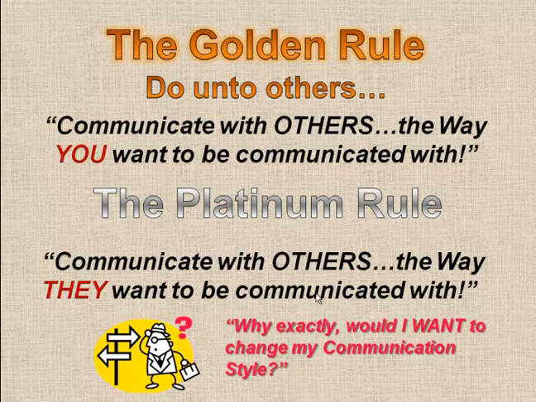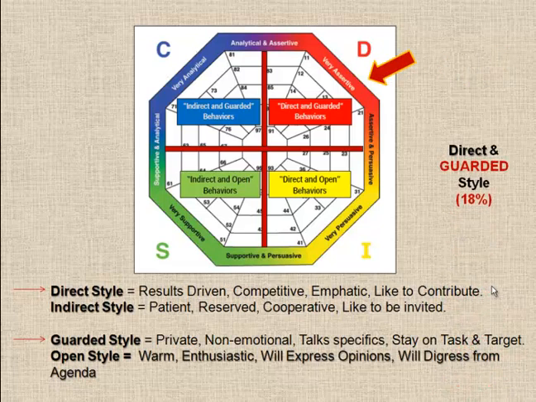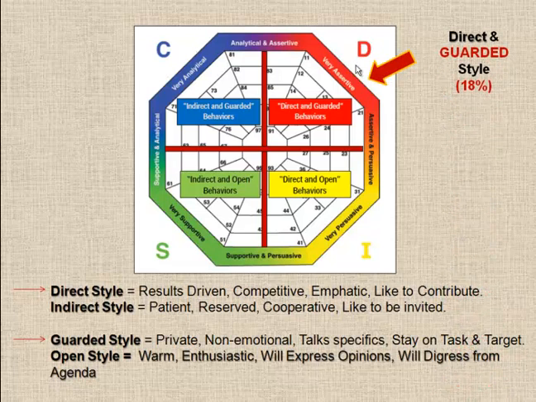So maybe you're asking yourself, well, why would I want to change my communication style? What are you suggesting this for? Well, here's why. We know that if we take this behavioral wheel, the 4 factors, the D, the I, the S, and the C, and we divide this into 4 quadrants. If you plot up here in this quadrant, as our sample candidate did, you remember he plots up in here, only 18% of the world's population plots here. 18%.